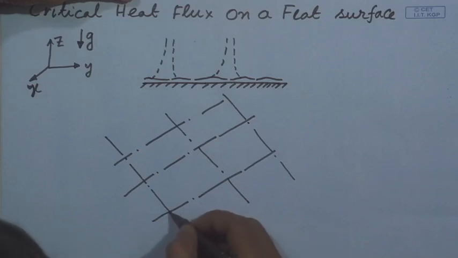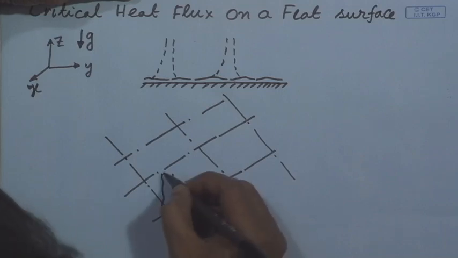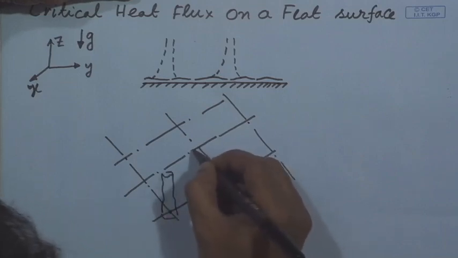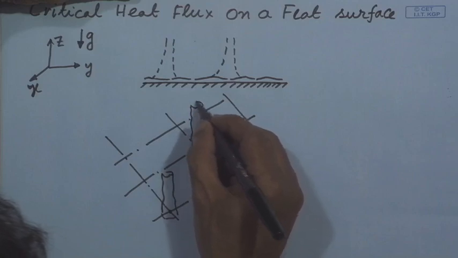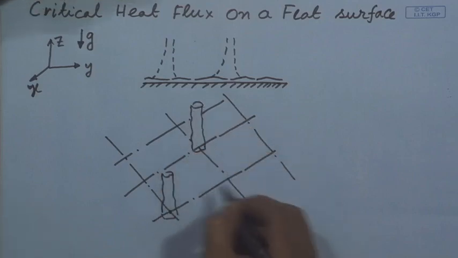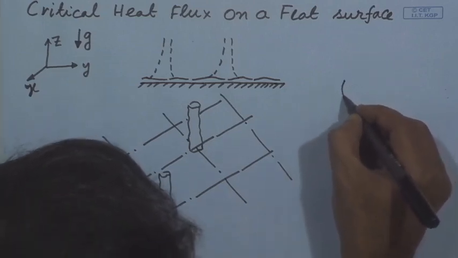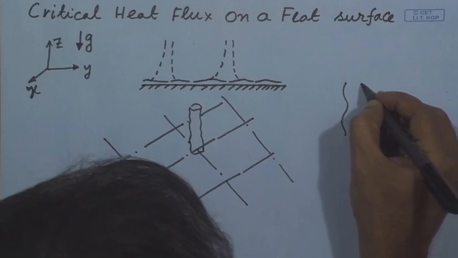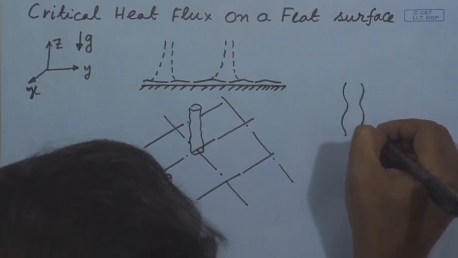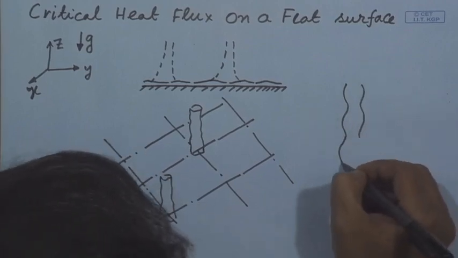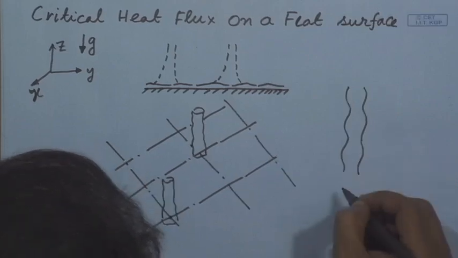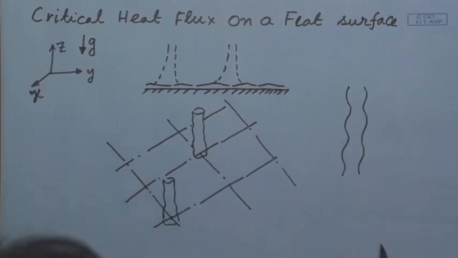That means, at this node you will have a vapor jet or vapor column. At this node you will have another vapor column. Similarly, at all the nodes you will have vapor columns. These vapor columns are not straight, they will also have undulations, as has been shown in this diagram.